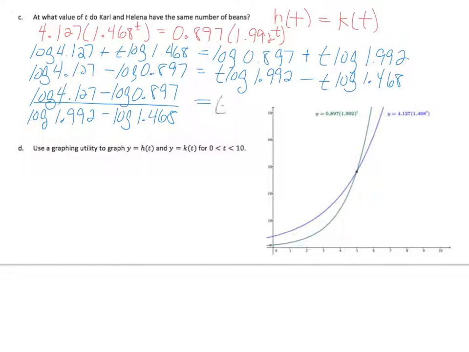All of that is equal to t. If you can see on the right, I factored out this t, and log of 1.992 minus log of 1.468 are left. Cool? Now I can crunch some numbers, get my calculator out, and all of that whittles down to an awesomeness of 5.003. Is that not cool?